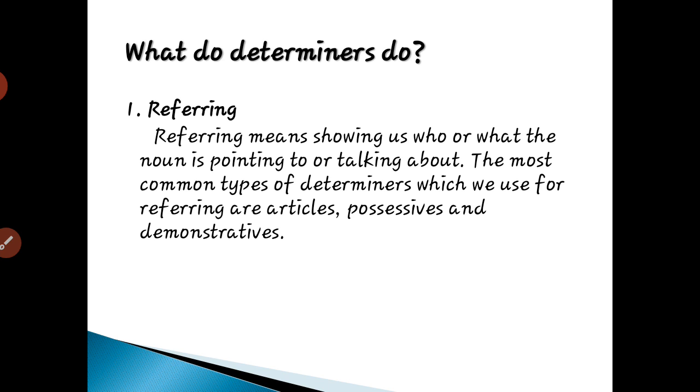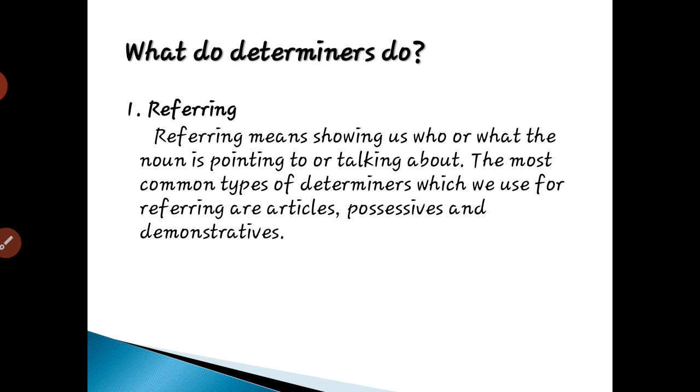Because we are pointing out that pen by saying this pen is mine. Then that, these, those are some other examples of demonstratives. When we are pointing out something, we use some words and those words are known as demonstratives.